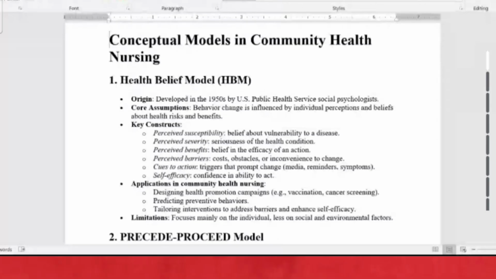Thank you, Lusweti. This is one of the models that is applied in community health nursing. When you're talking of conceptual, these are just concepts that are put together. Now, as the name suggests, health belief model, there are beliefs.